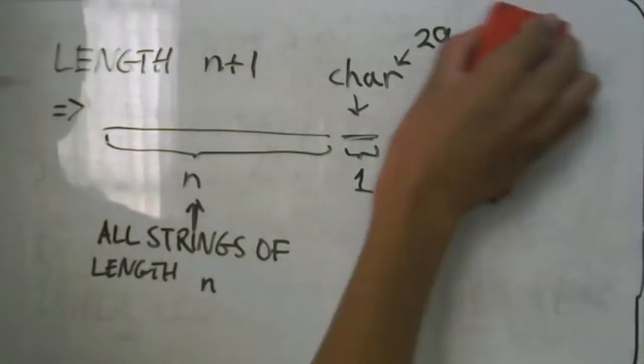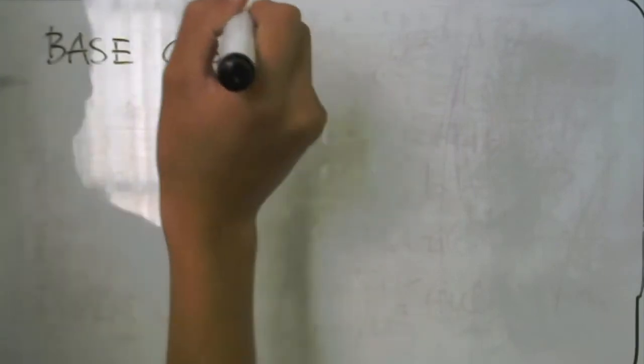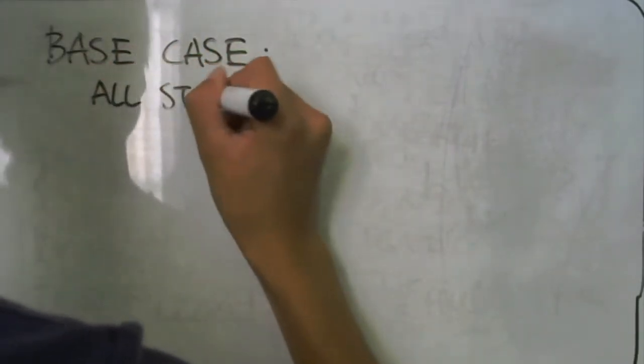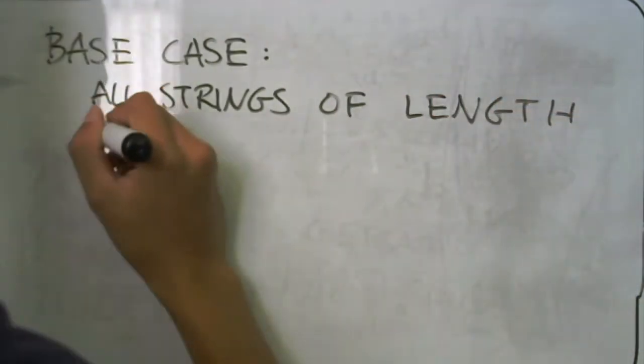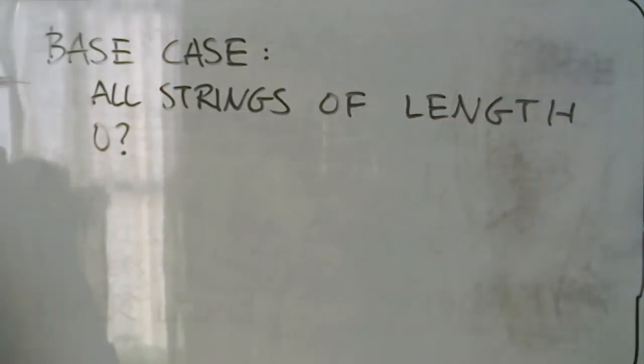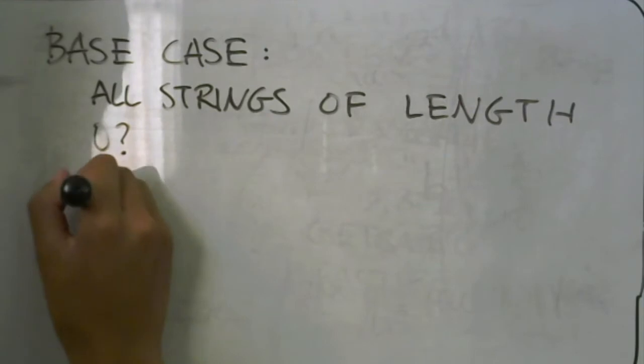So we're going to need what's called a base case. A base case is just a special case of our idea for when we want to stop. And the place we want to stop here is either length 0 or length 1. I'm going to say length 0 because length 0 is nice.